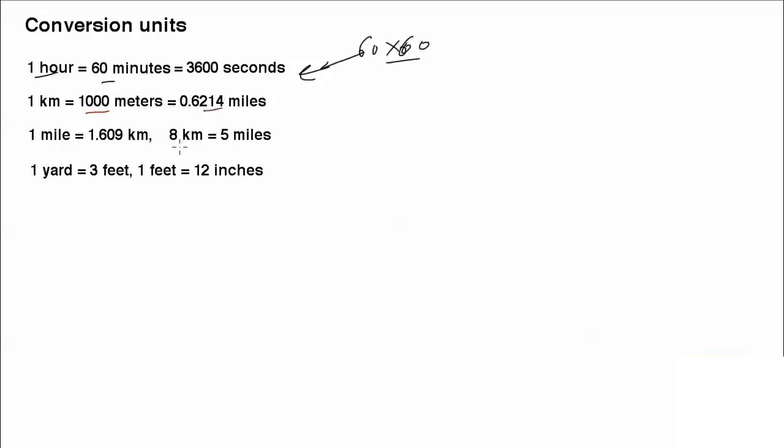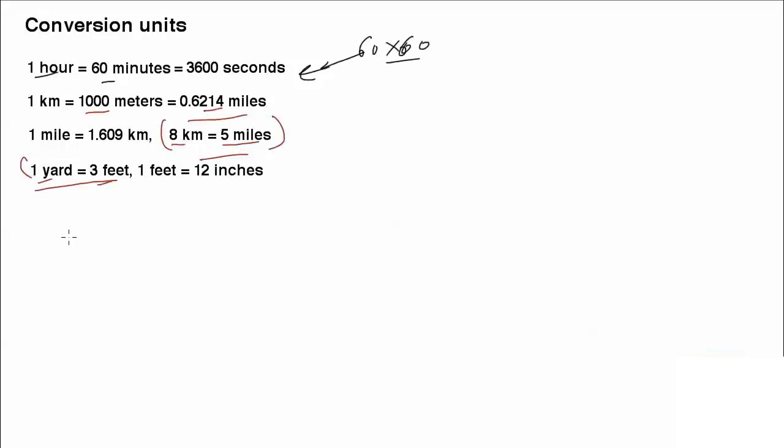So simply, 8 kilometers is equal to 5 miles. You should remember this. 8 kilometers is equal to 5 miles and 1 yard is equal to 3 feet.